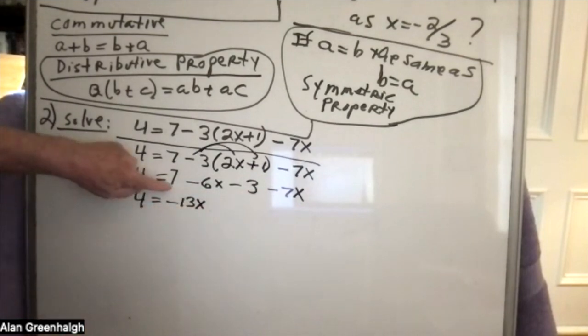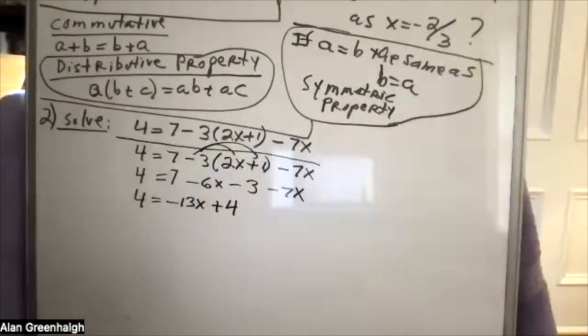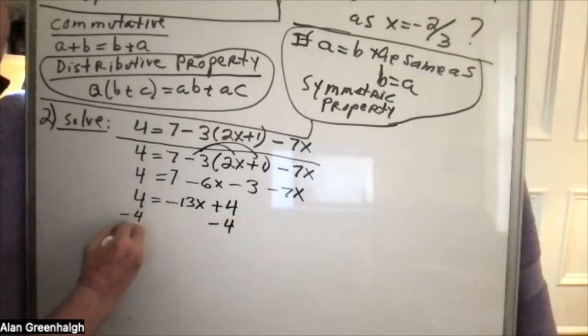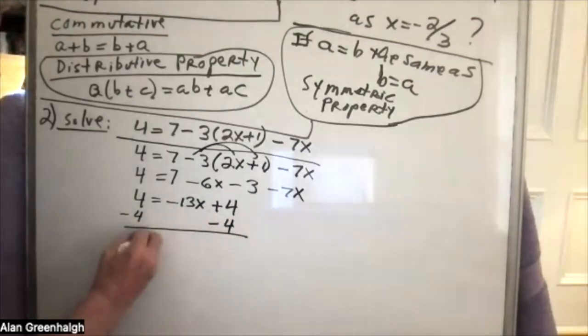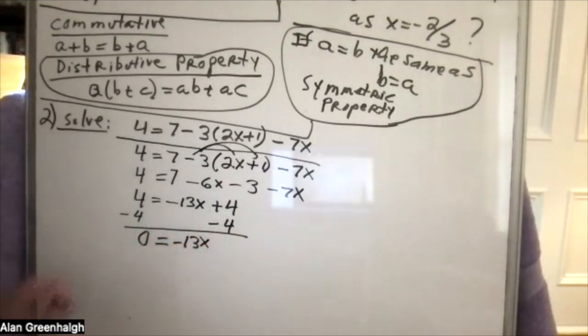And then +7, -3 is +4. And I could see immediately where this is going. If you bring over the 4, you're going to wind up with 0 equals -13x.